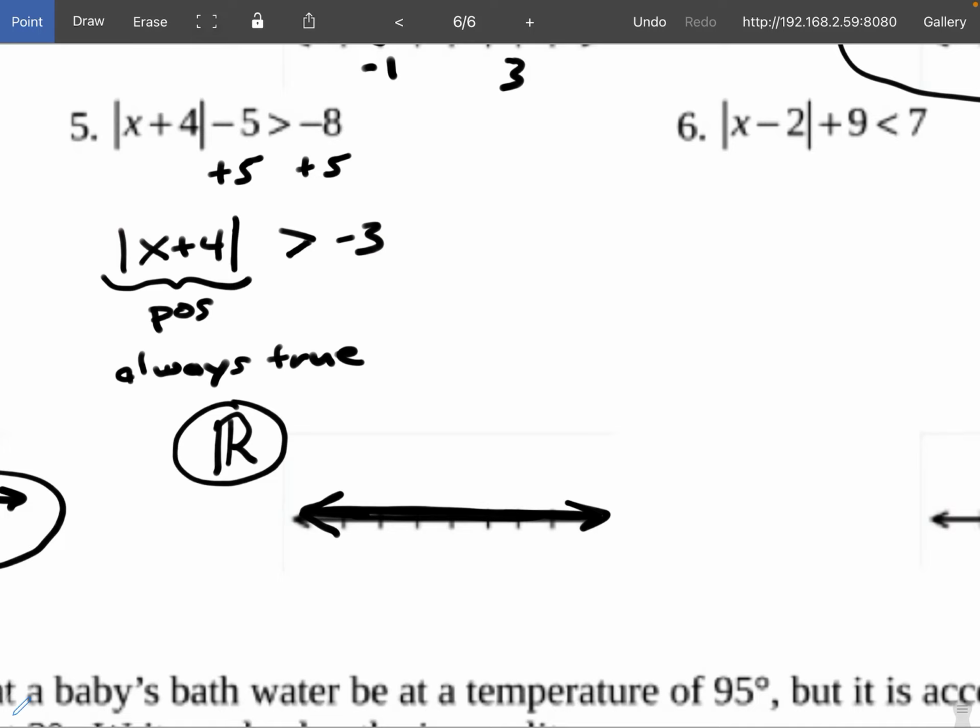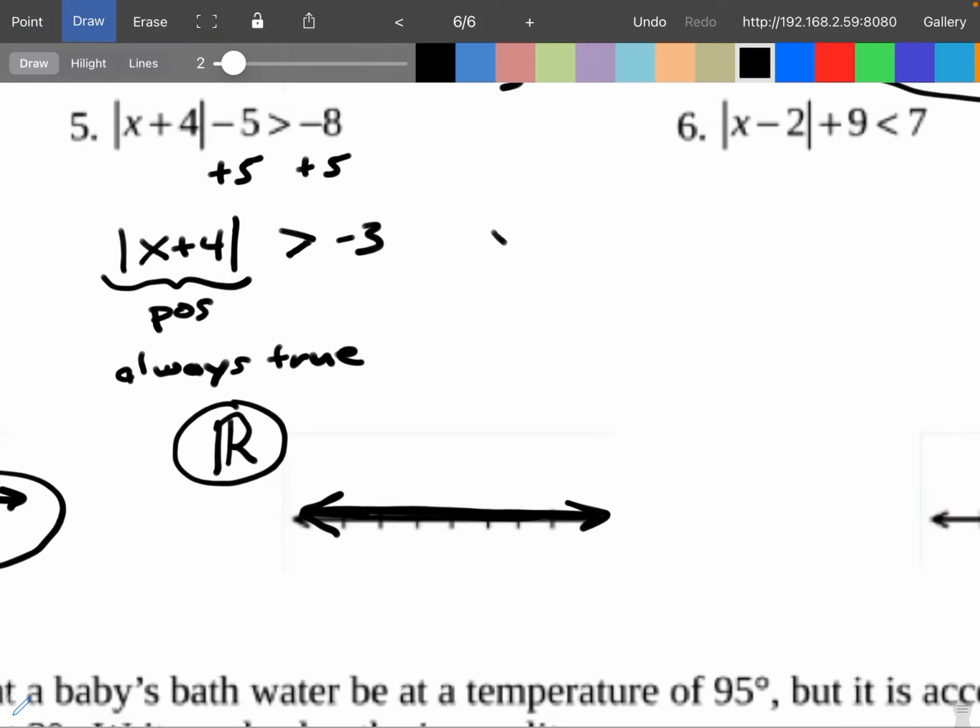Now, let's say you didn't notice that a positive is always greater than a negative number, and you just went through and tried to work it out. I'm going to do it real quick. The first case would be x plus 4 is greater than negative 3.